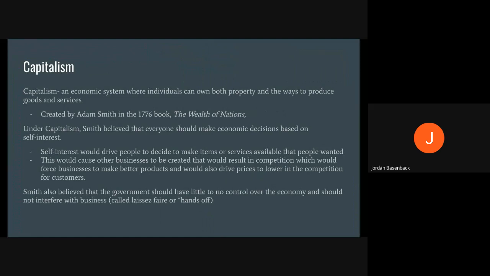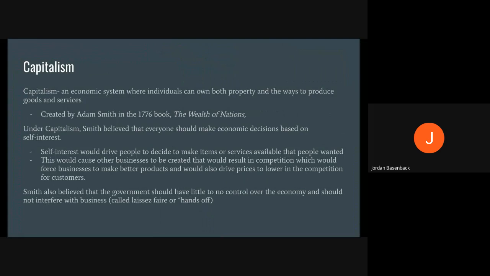And this competition would force businesses, because they are competing with other people for sales, to make better products, and would also drive prices lower in the competition for customers. So for instance, if you think about gas, right? If there are 2 gas stations on different corners across from each other, they have to compete for customers.